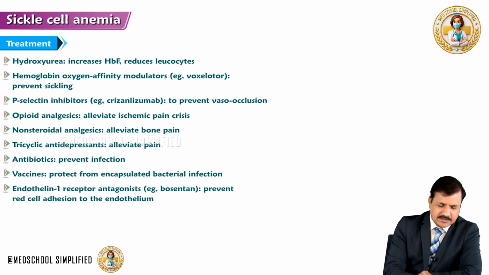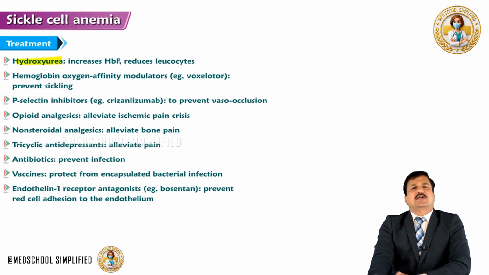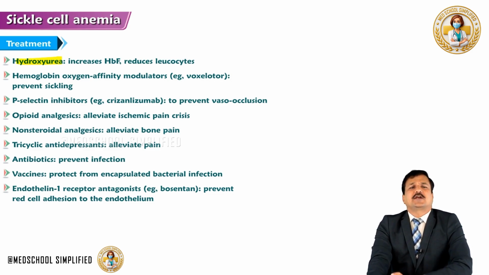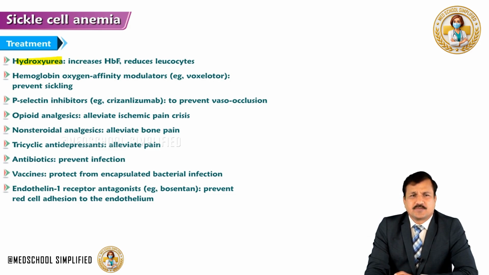So the first one is hydroxyurea. Hydroxyurea is an anti-metabolite. It is therapeutically useful because it increases circulating levels of fetal hemoglobin, thereby decreasing the sickling process.